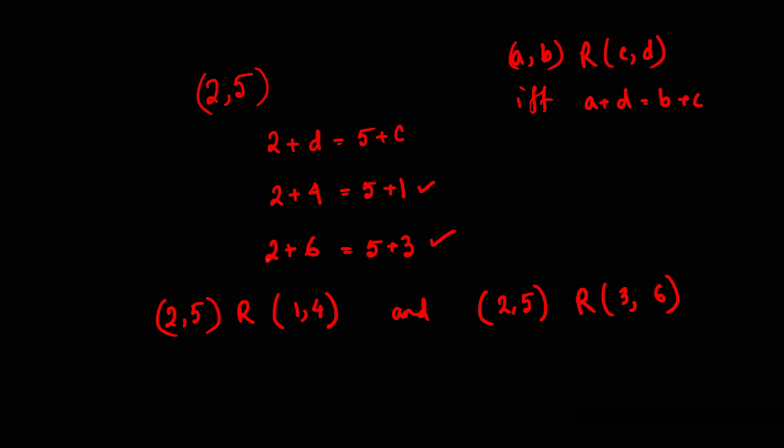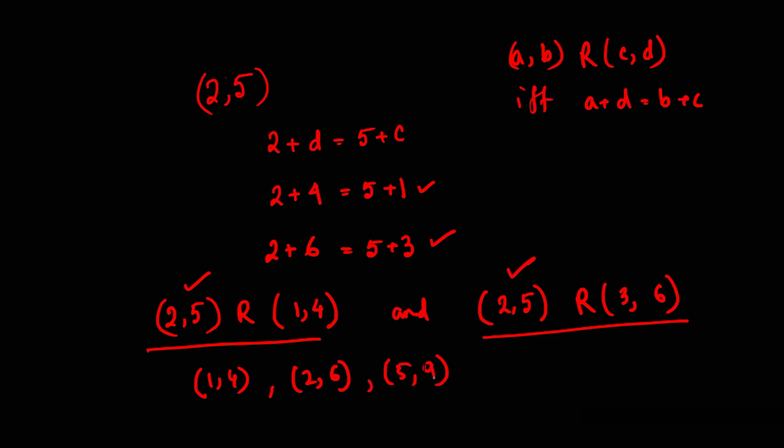So these are the pairs which are related to (2, 5). You can also find other pairs which are related to (1, 4) or (2, 6) or (5, 9). You can find these pairs which are related to these elements.